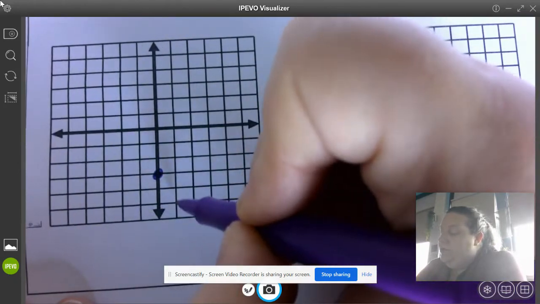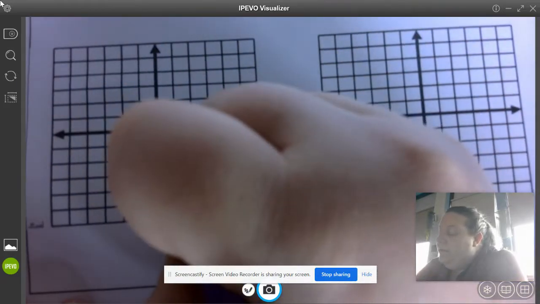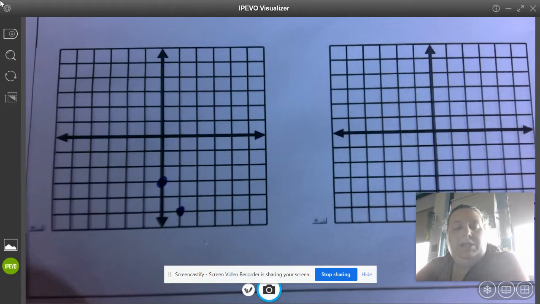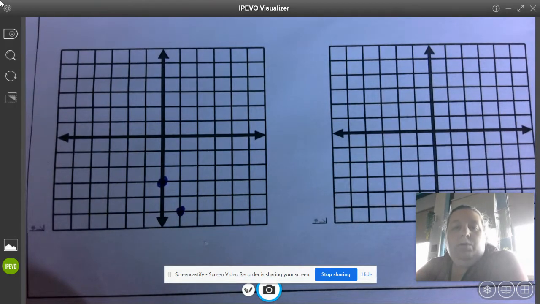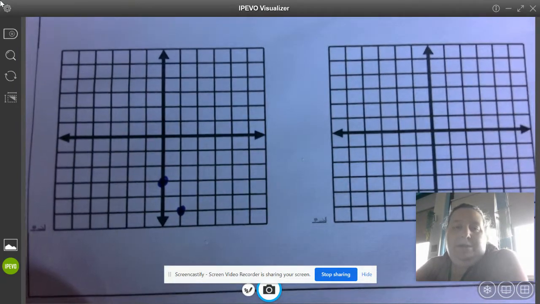So down 2/1. This is the only point I can get in this direction, but we can also work in the opposite direction to get a few more points. When working with systems, I like to have more points so I can see where they intersect, other than just drawing the lines. To get points in the opposite direction, you do the opposite of your slope.